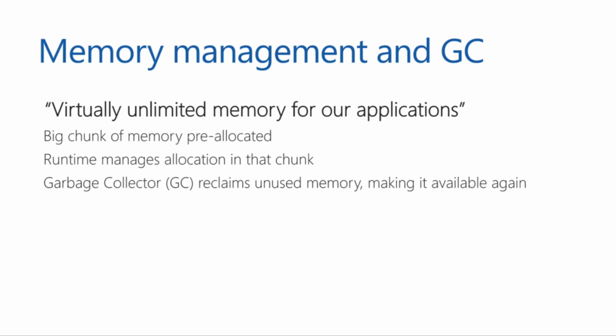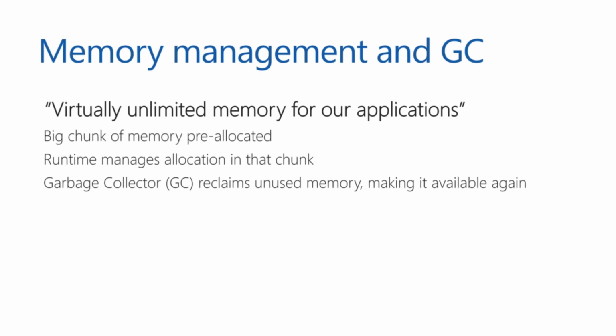So in .NET, you get virtually unlimited memory for free. It's in there. It gives you a big chunk of pre-allocated memory. And in that pre-allocated memory, .NET does the allocations for you. So it's managed by .NET, and that's why it's called managed code in effect. Now, the runtime manages this. You don't have to worry about .NET allocating things in memory and so on.